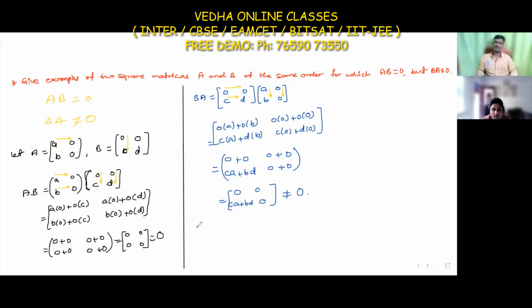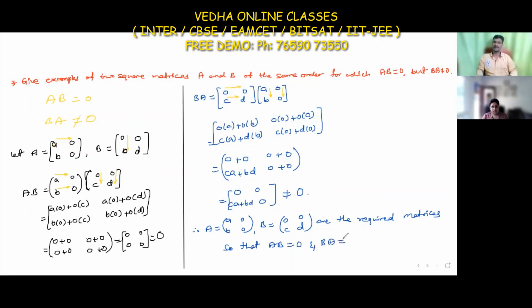Therefore A equals [a, 0; b, 0] and B equals [0, 0; c, d] are the required matrices so that AB is equal to 0 and BA is not equal to 0.